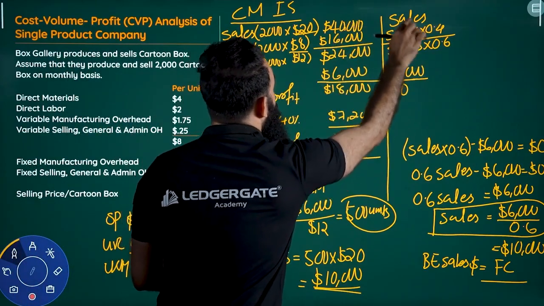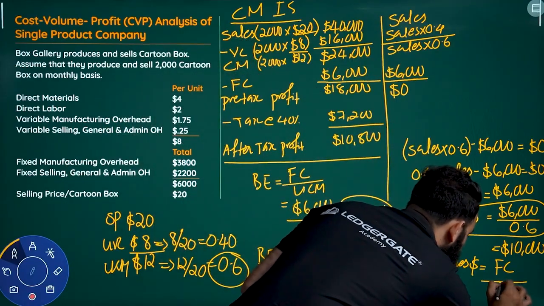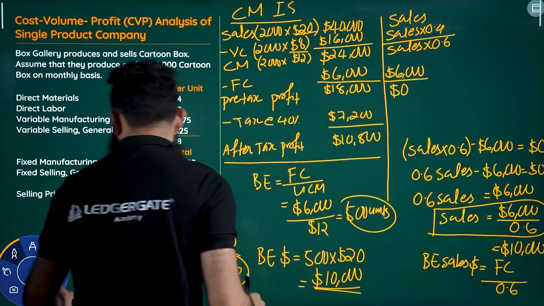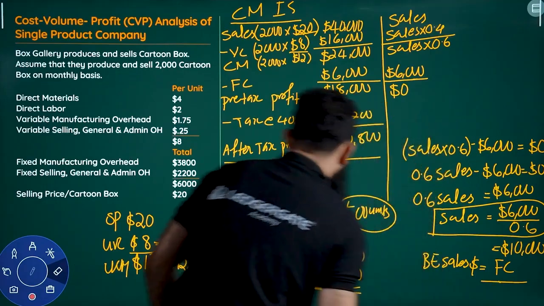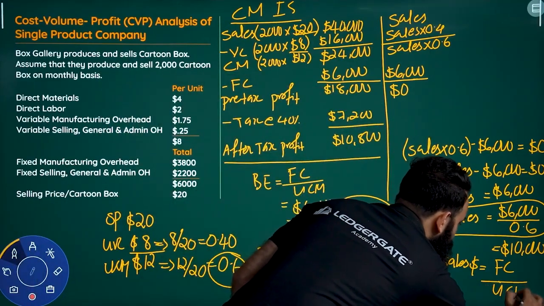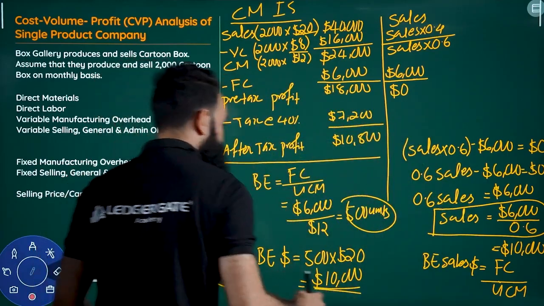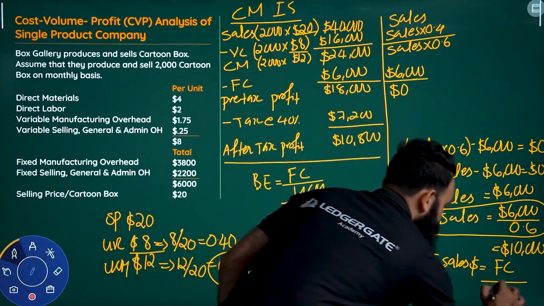That is contribution margin, right? So it is 0.6. Here we are writing a formula. That's why we are not giving the value over here. Instead of that, we are giving the contribution margin ratio, CMR.